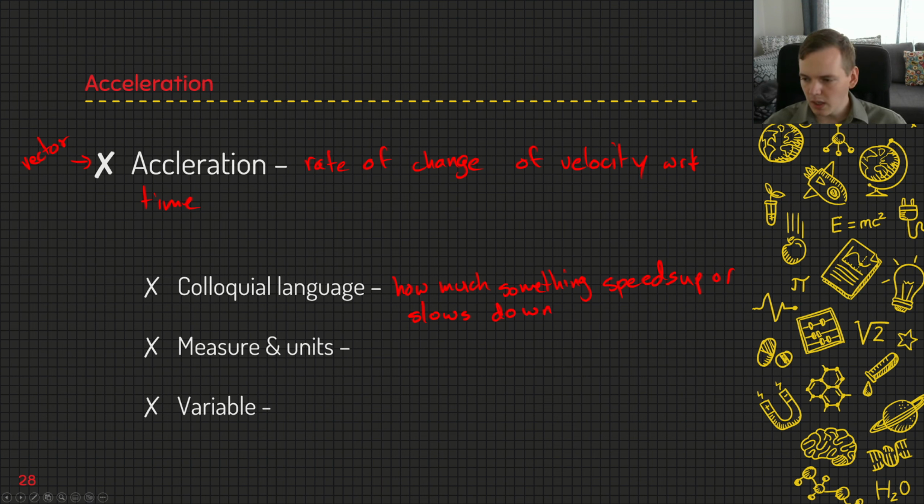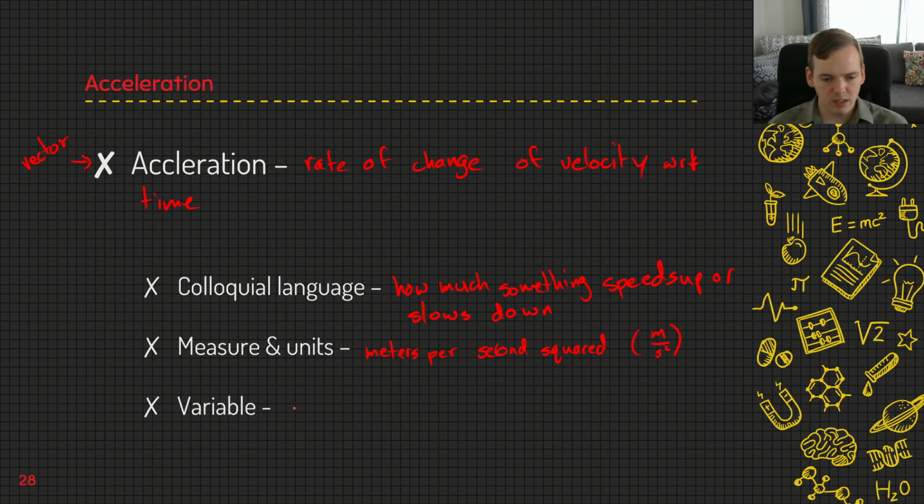We will calculate or measure this in the units of meters per second squared, and that looks like m over s squared. In other words, it's kind of like if we take the meters per second and divide by seconds.